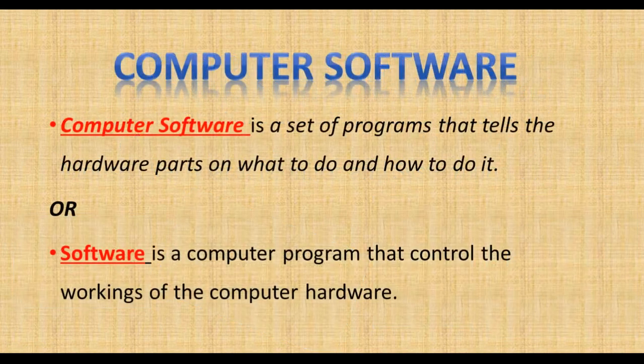Then computer software. Computer software is a set of programs that tells the hardware parts what to do and how to do it. Or we can also say computer software is a computer program that controls the workings of the computer hardware.